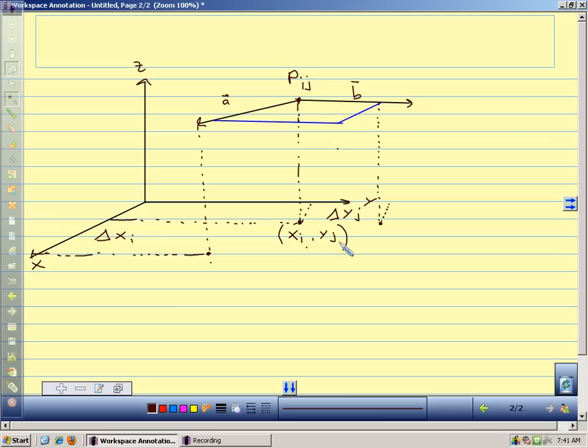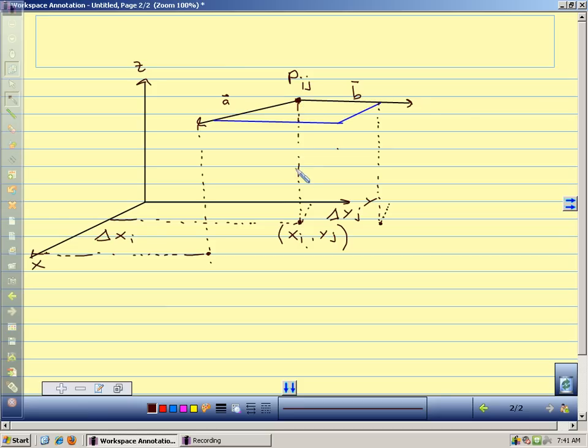So we're going to let these vectors represent the sides of this small piece of the tangent plane. This is a little parallelogram that we make with the small piece of the tangent plane.